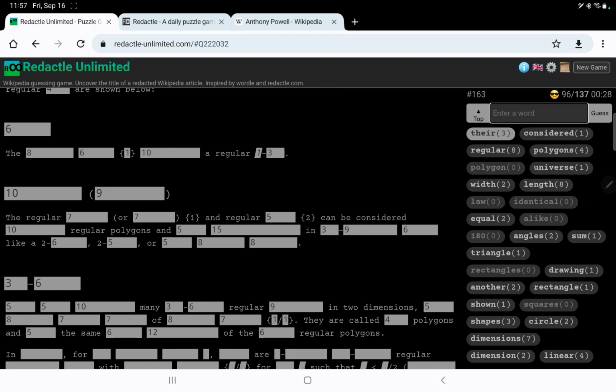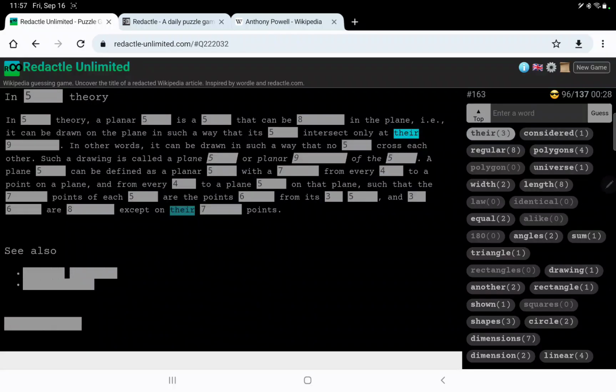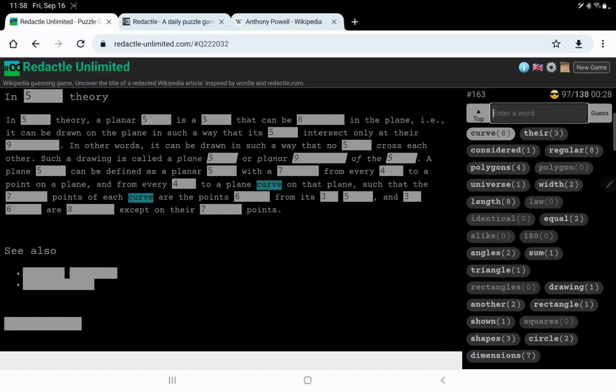And there, well, we have some theirs. Okay. Only at there. Planar. Oh, maybe curve. Okay. Such that the something points of each curve.